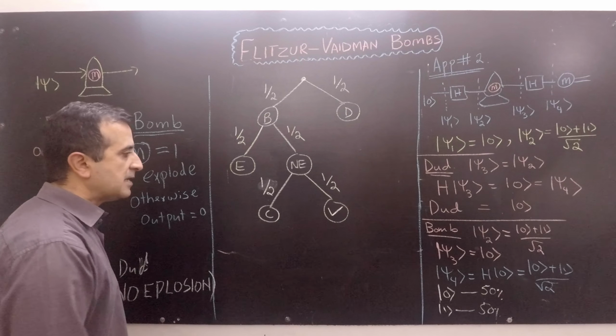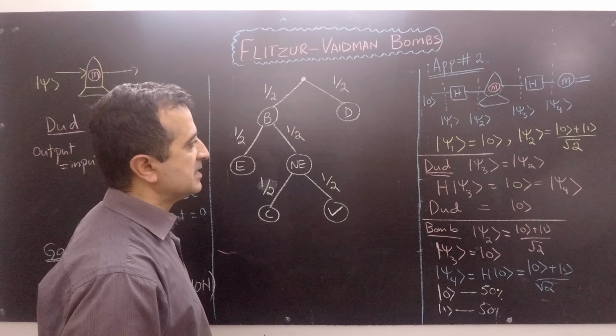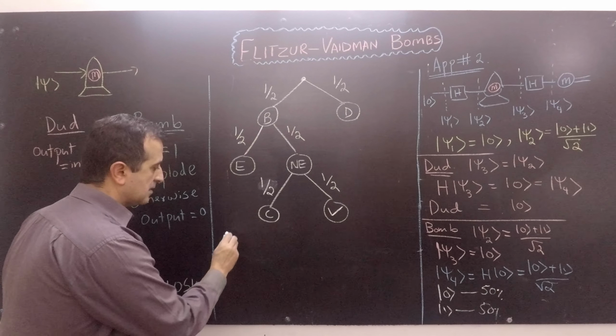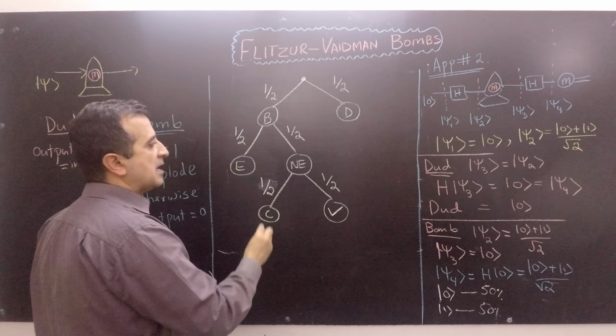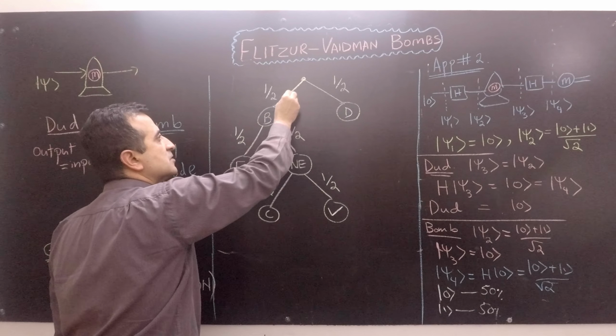So detecting a working bomb in this case is possible, and the probability of detecting a working bomb can be calculated by traversing this branch.